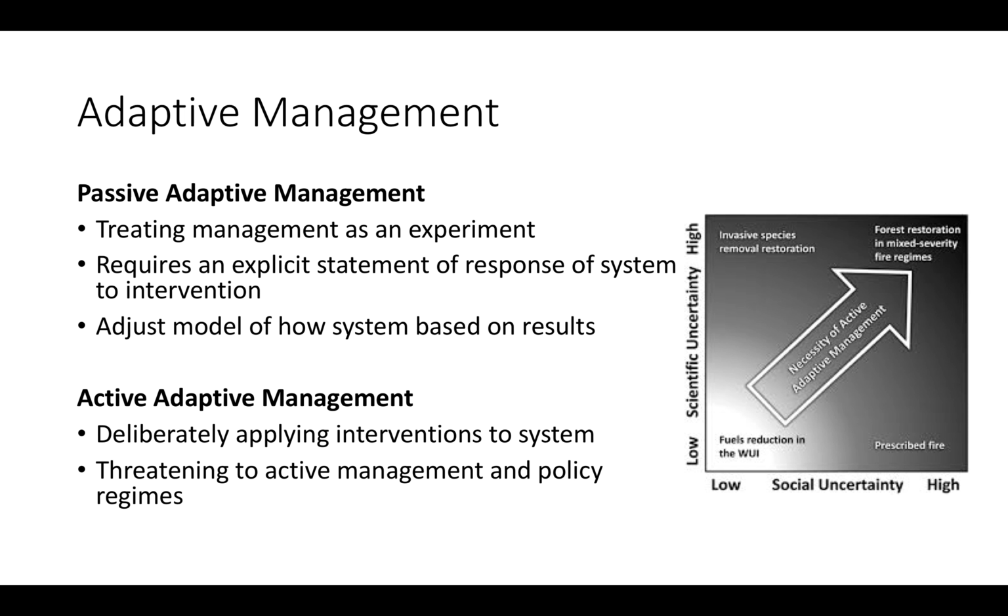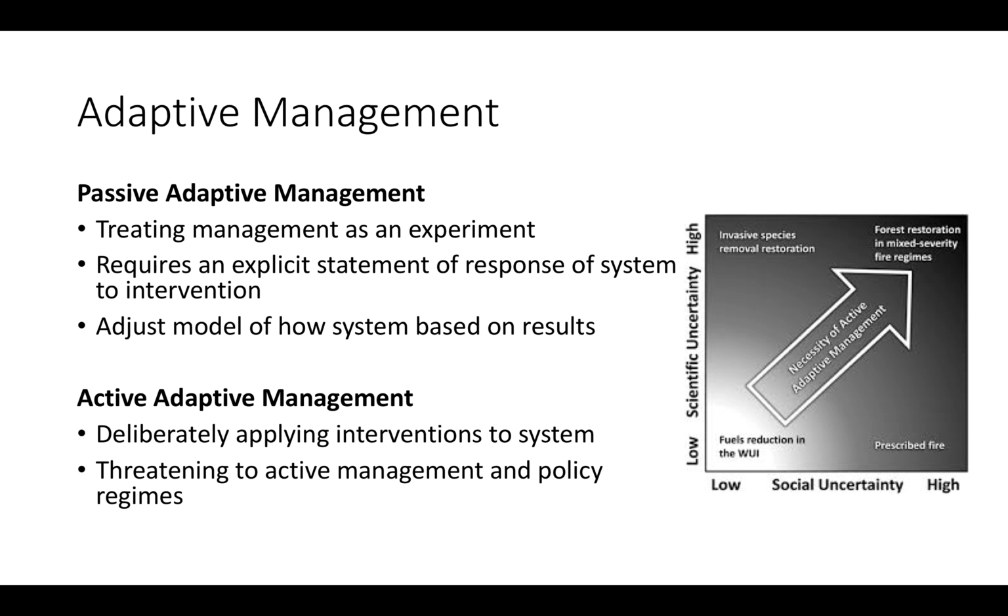This little graph I thought was effective. It shows in what situations active adaptive management may be necessary. So in situations with high social uncertainty and high scientific uncertainty, active adaptive management may be a good intervention strategy.